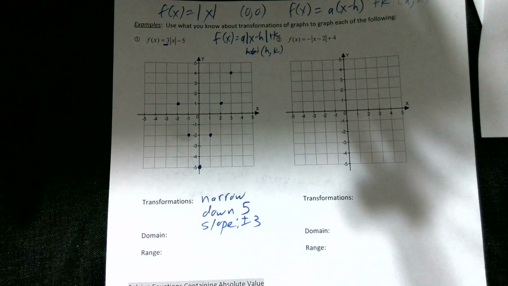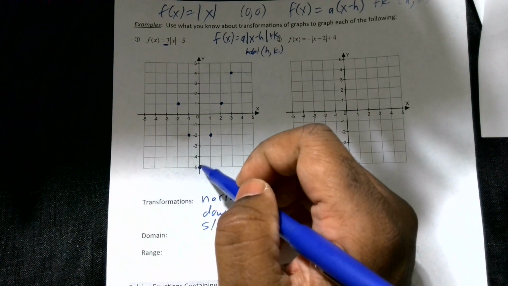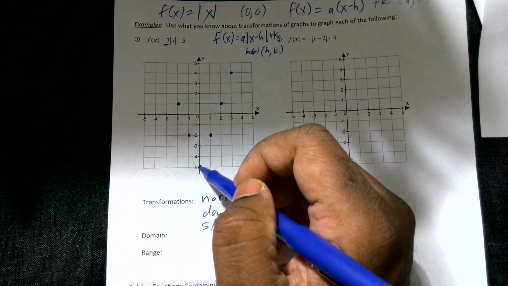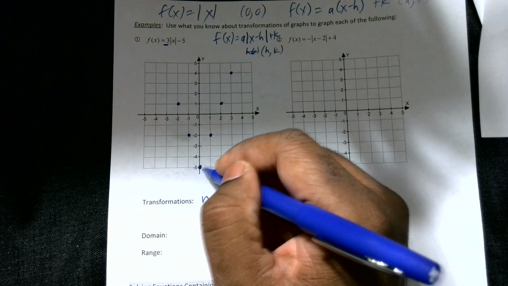Now, I know we could do this other point up 3 and to the left 1. But remember what I said about the graph having the same characteristics as a parabola. Remember, in a parabola, when points are equal distance from the vertex, they're supposed to have the same y value.